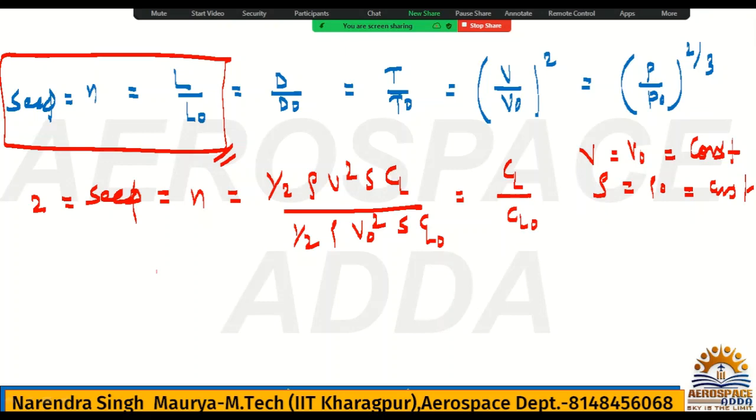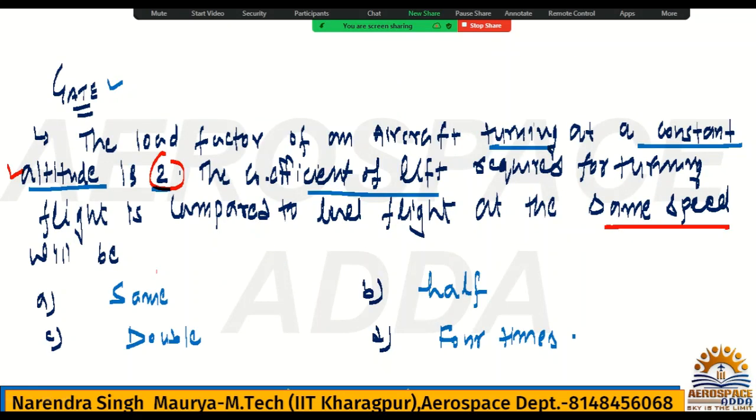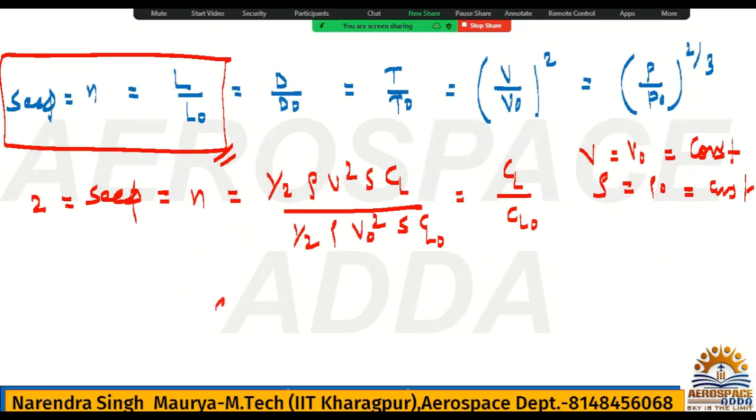Now they are asking what is the lift coefficient required for the turning, means they are asking CL. So what will be the CL? CL will be N times CL naught. N is nothing but 2. So 2 times CL naught: if the steady level lift coefficient is CL naught, the turning lift coefficient will be 2 times CL naught, means double. Yes or no? It becomes double, 2 times.